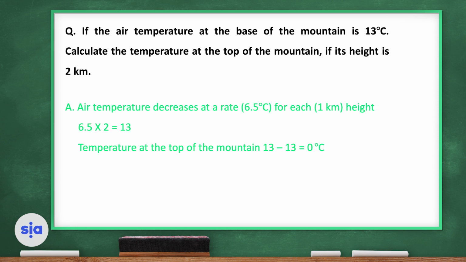So for each kilometer, there is a decrease of 6.5. So 6.5 times 2 kilometers, this is the height, equals 13. So the temperature at the base, 13, minus 13, the change in the temperature. So the temperature at the top of the mountain equals 0 degrees Celsius.